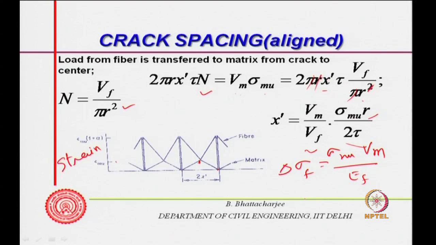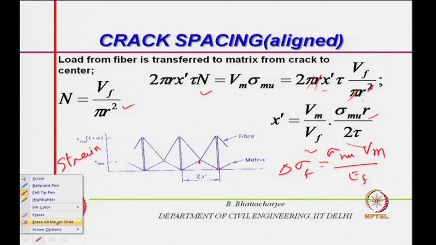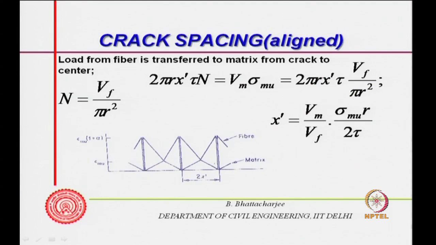This is the additional stress that would be taken by the fiber, therefore correspondingly there will be additional strain in the system. The fiber takes more strain, and here, through the bond stress, the load has been transferred to the matrix and they are perfectly bonded, therefore here it will be epsilon mu in both of them, because the strain is the same in the fiber and the matrix.